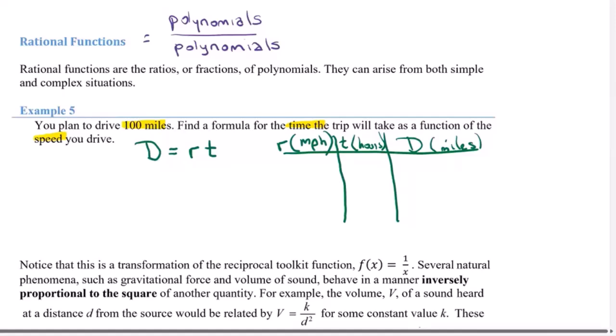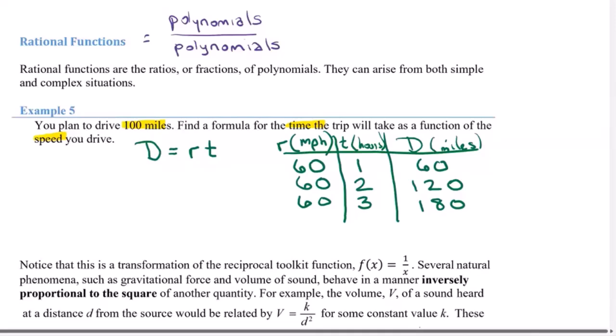So if I were to drive 60 miles per hour for 1 hour, we would go a distance of 60 miles. If I were to drive 60 miles an hour for 2 hours, I'm going to drive 120 miles. If I go 60 miles an hour for 3 hours, I'm going to go 180 miles. So you can see that distance equals rate times time.